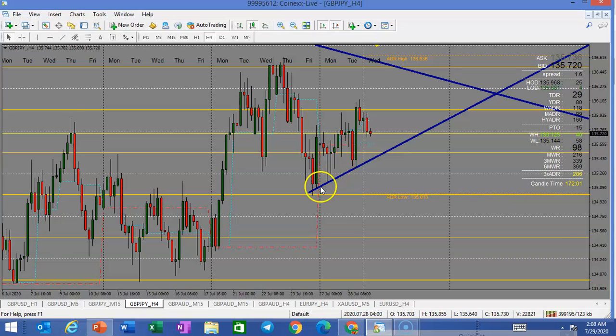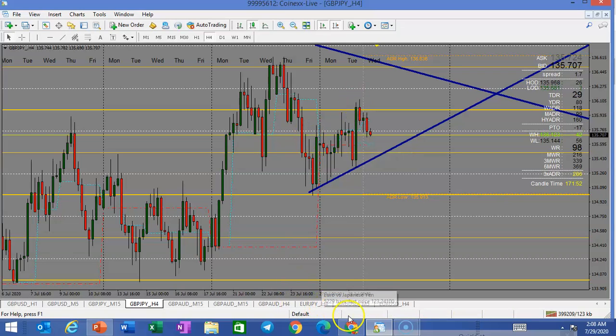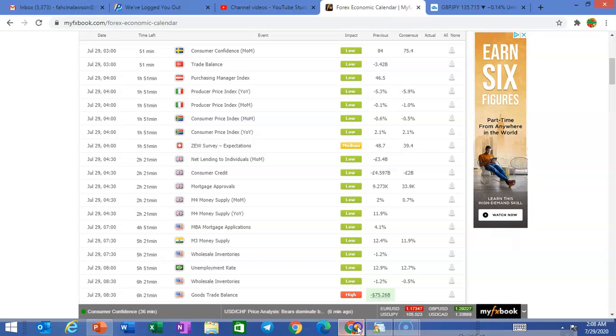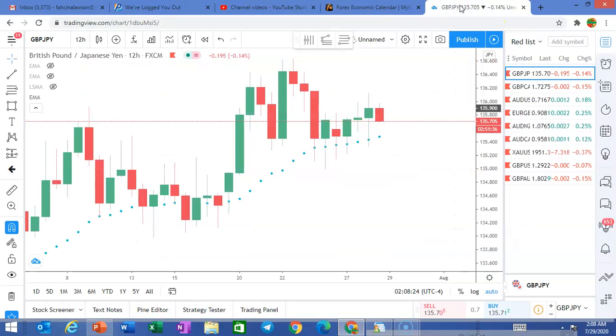So I like the 4-hour time frame, and as you can see there's an upward channel happening here. I also really like the 12-hour time frame, and as you see, there's been hours and hours of zone rejection in this area.